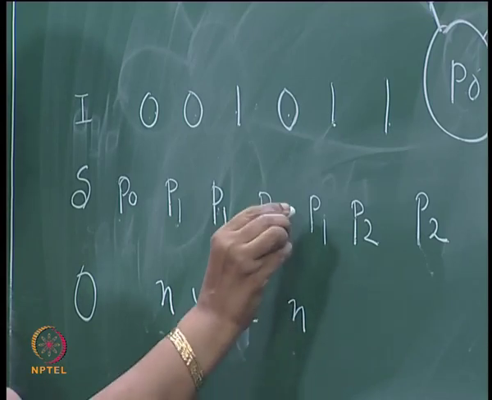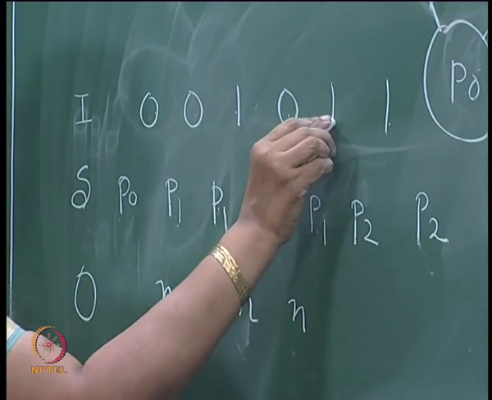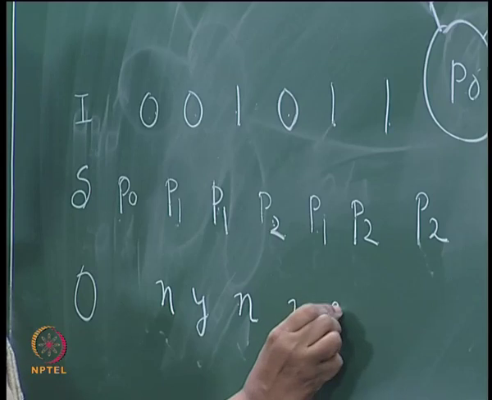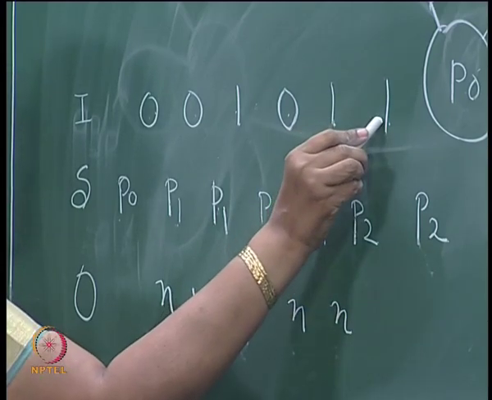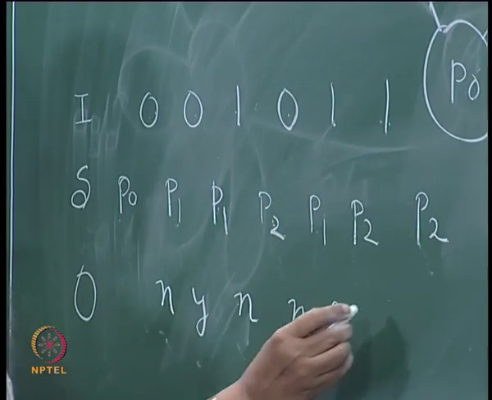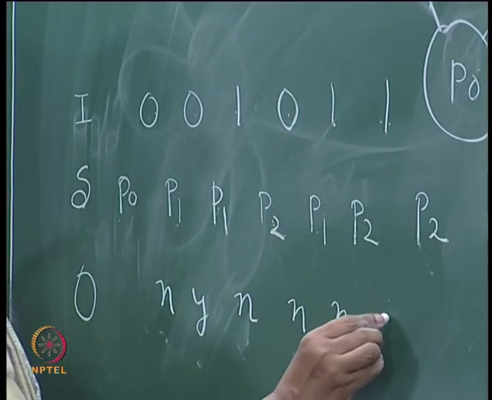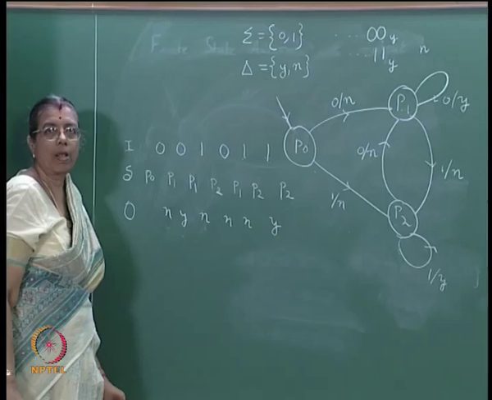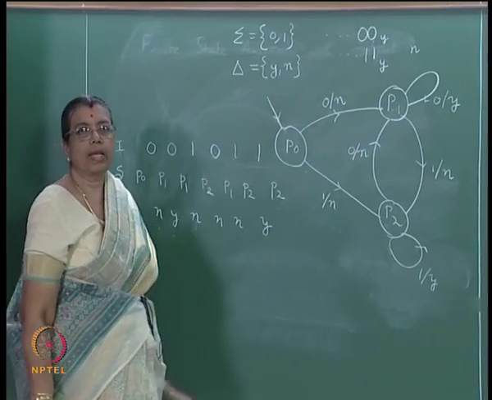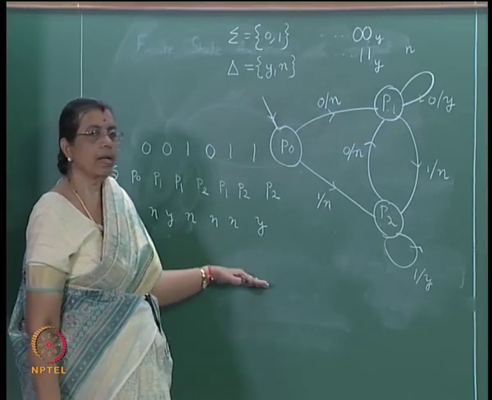Then 1 in P1 will be no, 1 in P2 will be yes. Last 2 symbols are 1 and 1, so you will get a yes. Okay. So, this is the way the diagram is drawn.